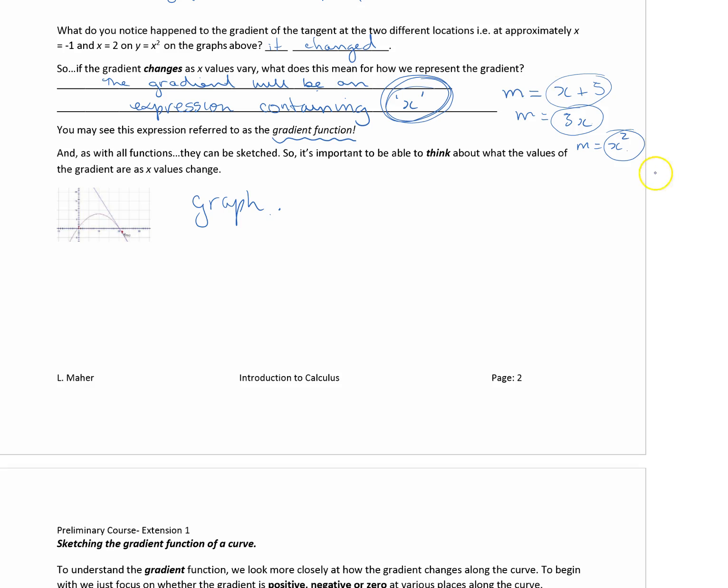So just going back to these examples, if we knew that the gradient was this function x plus 5, we wouldn't have any trouble graphing that, x plus 5. We know that x plus 5 would be a straight line, positive gradient, cutting the y-axis at 5. We could draw that gradient function.